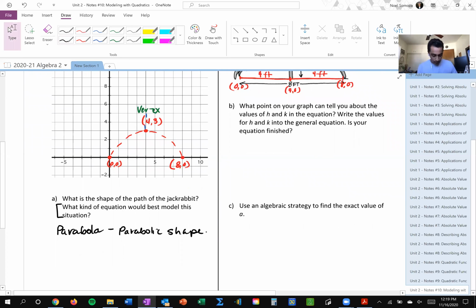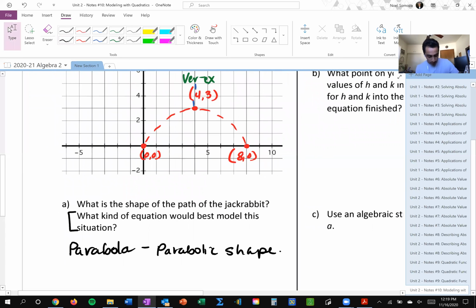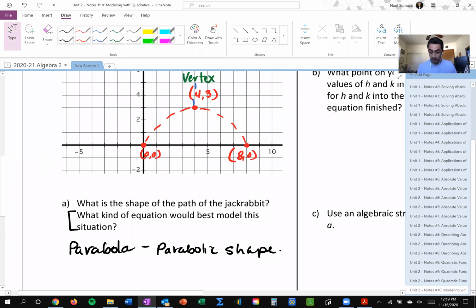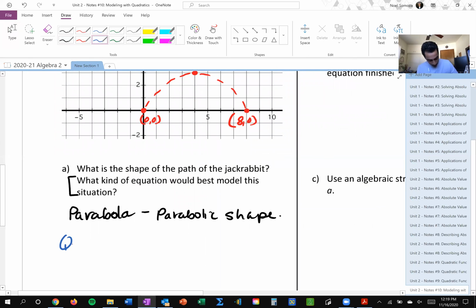Well, when we're talking about parabolas, what kind of functions create parabolas? Quadratics, exactly.